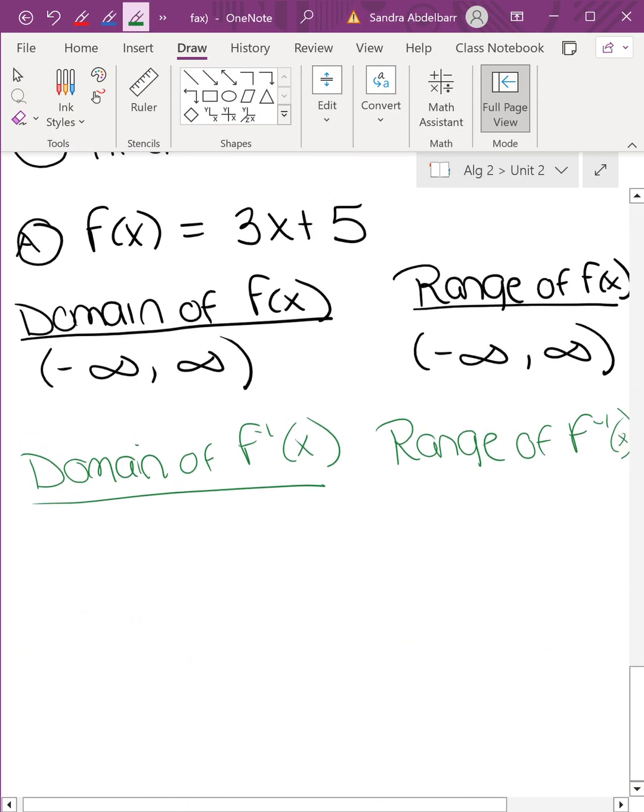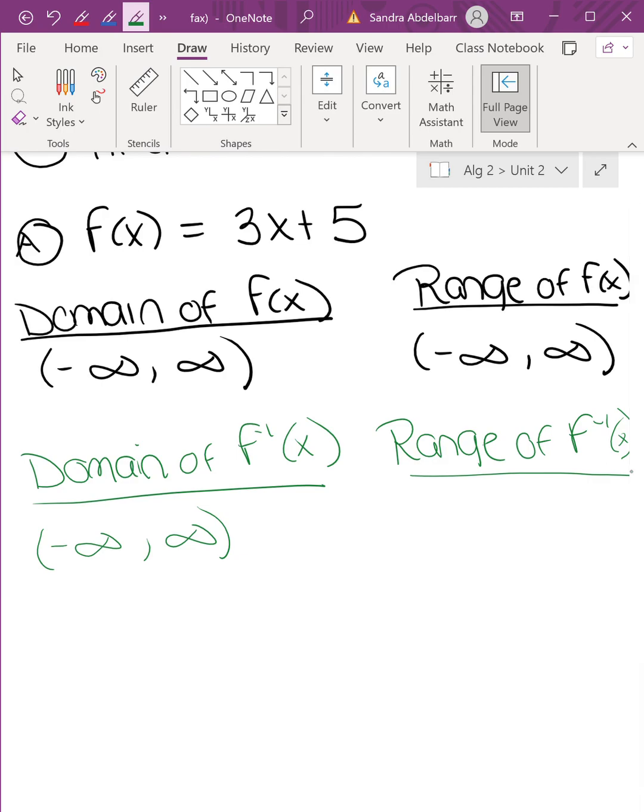All right, you all tell me, what is the domain of the inverse? Aditya. Positive infinity, negative infinity? Or, wait. Same thing, but always the negative first, right? Negative infinity, positive infinity. And what about the range of the inverse?